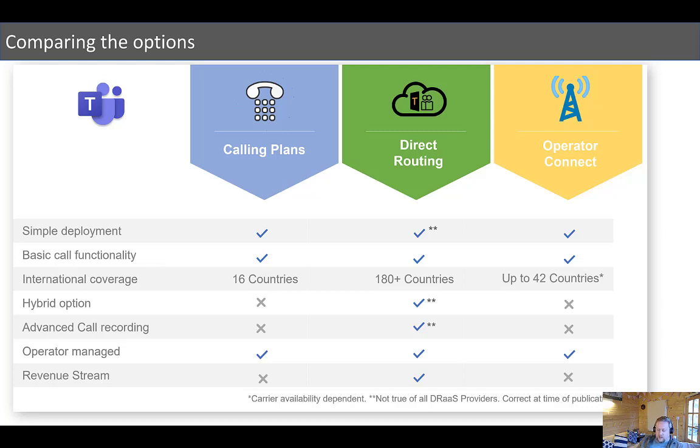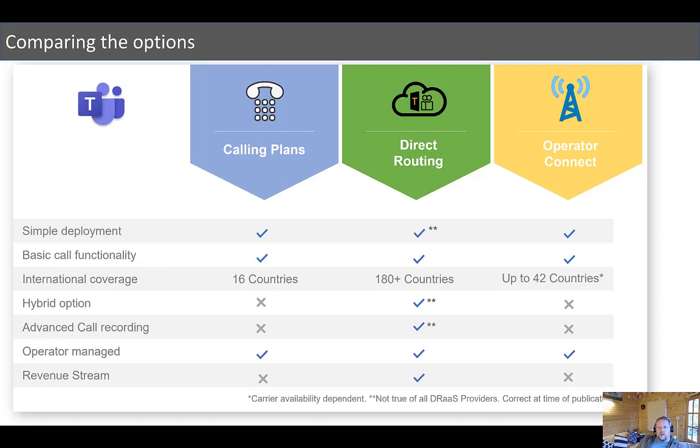So they may be selling, for example, licensing, they may be selling support, they may be selling third-party services that integrate with Microsoft Teams. And for PSTN side of things, calling plans have never provided any form of revenue stream for those businesses, not in terms of the licensing of the telephone numbers or the minutes or the calling plans themselves.